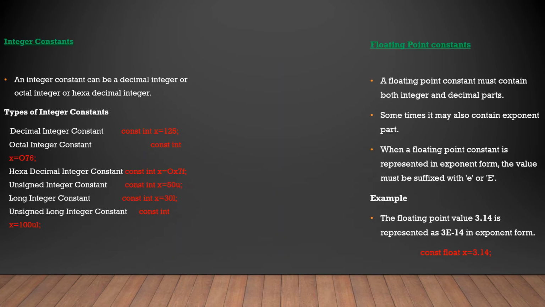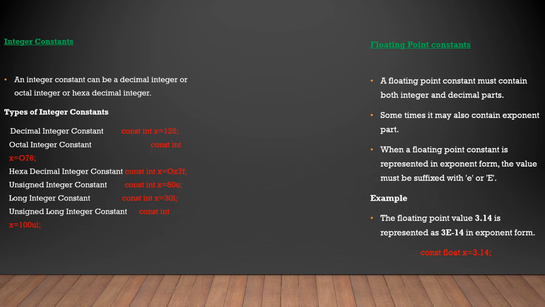Okay. So what is the difference between the integer constant and floating point constant? An integer constant can be a decimal integer, an octal integer, or a hexadecimal integer. It means that it supports octal numbers, decimal numbers and hexadecimal numbers, that is from 0 to 9 and A to F. Here, decimal integer constants, see, const int x equal to 125.